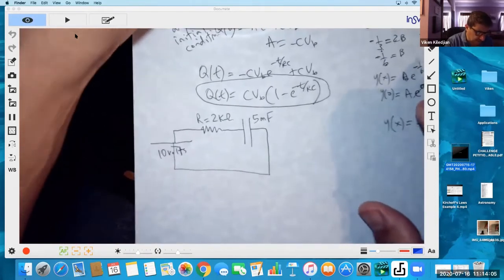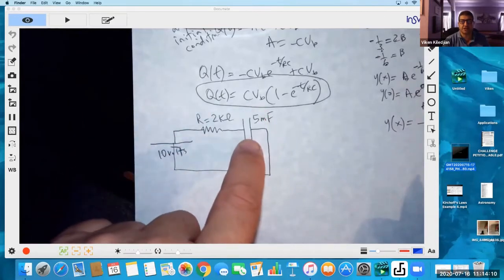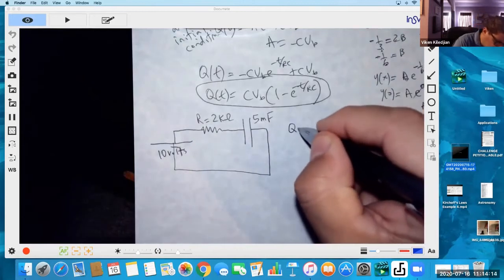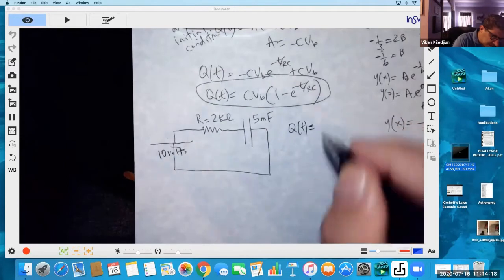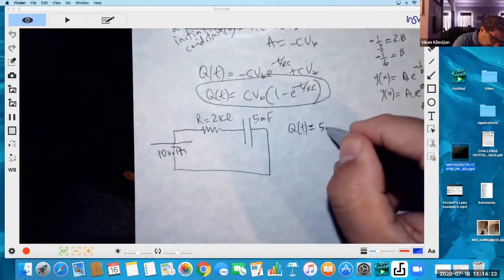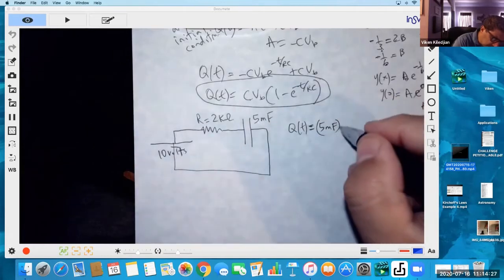Okay, so then what's going to be the charge? So this tells us how the charge of the capacitor will change as a function of time, right? So then Q of t is going to be C, which is the 5 millifarads, and then VB is going to be the 10.